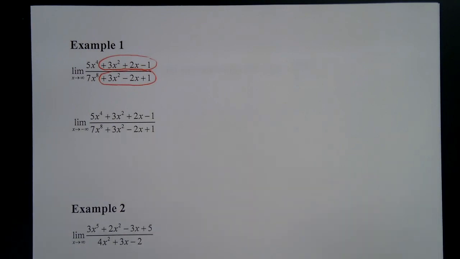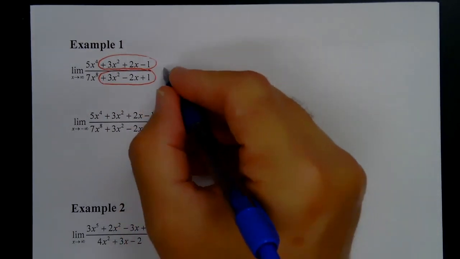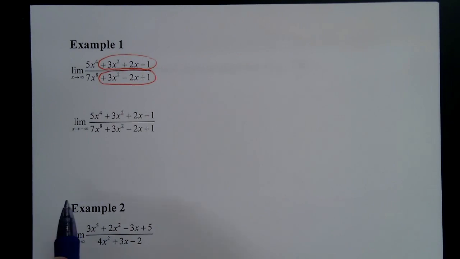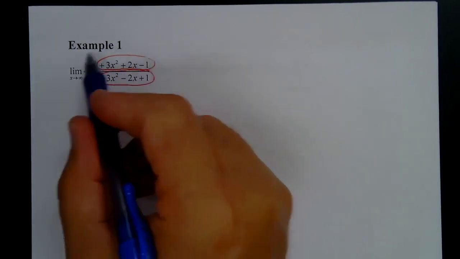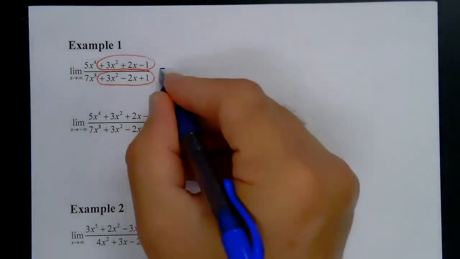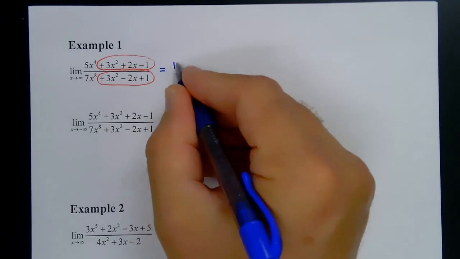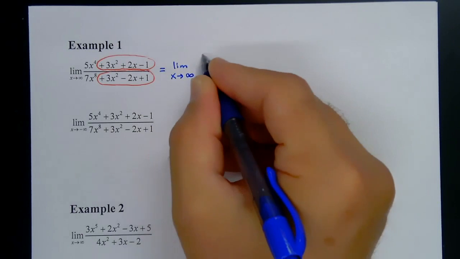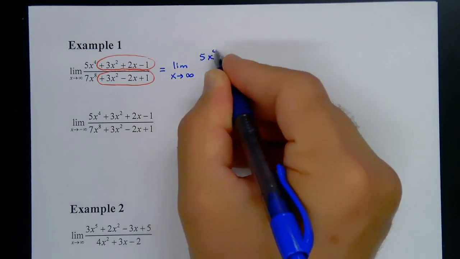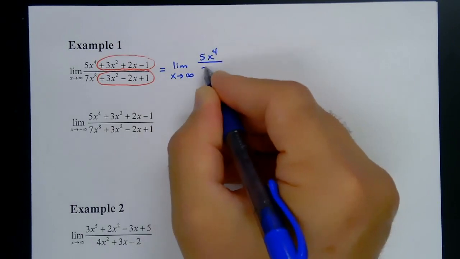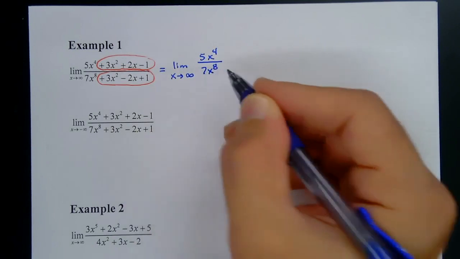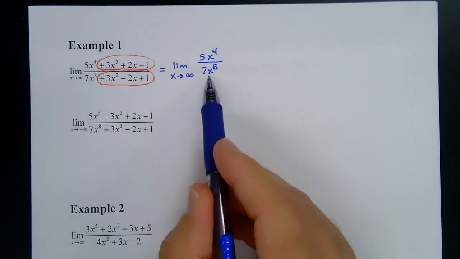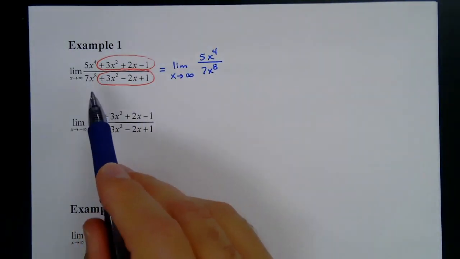That's exactly what we're doing, but now we're looking at a ratio of the two. So this limit is the same as the limit as x approaches infinity of 5x to the 4th over 7x to the 8th. So we can use this simplified limit to figure this one out.